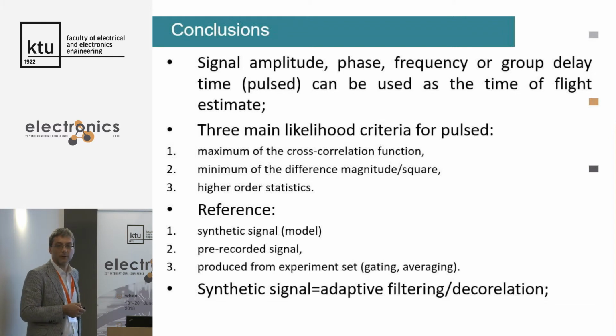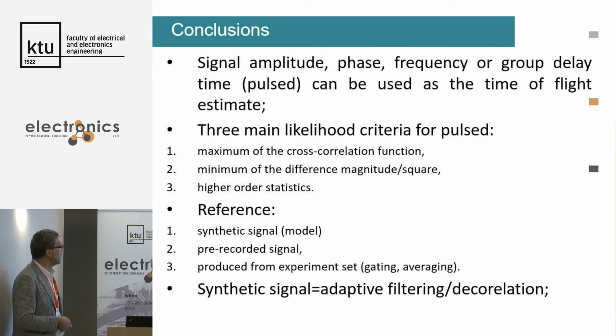you now already know, those who were not aware, that signal amplitude, phase, or frequency modulation, or group delay can be used for time-of-flight estimation. And there are 3 likelihood criteria that are most common. The most common is the maximum of the cross-correlation function, and there are 2 minimization criteria: minimum of difference of magnitude or square, and high-order statistics.